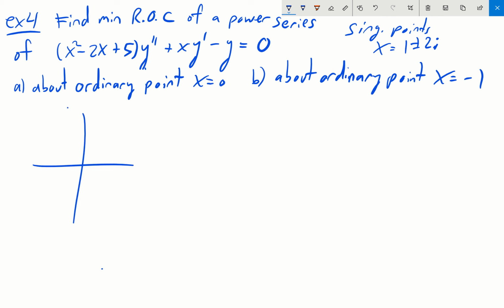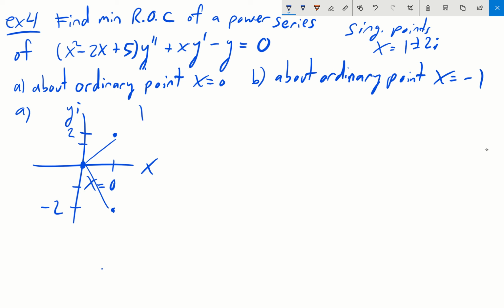You can see very quickly if you graph this in the complex plane, here would be our ordinary point in part A. We have the ordinary point x equals 0. And then these singular points would be at 1 plus 2i and 1 minus 2i. So you can see very quickly via symmetry that those two distances are going to be the same.